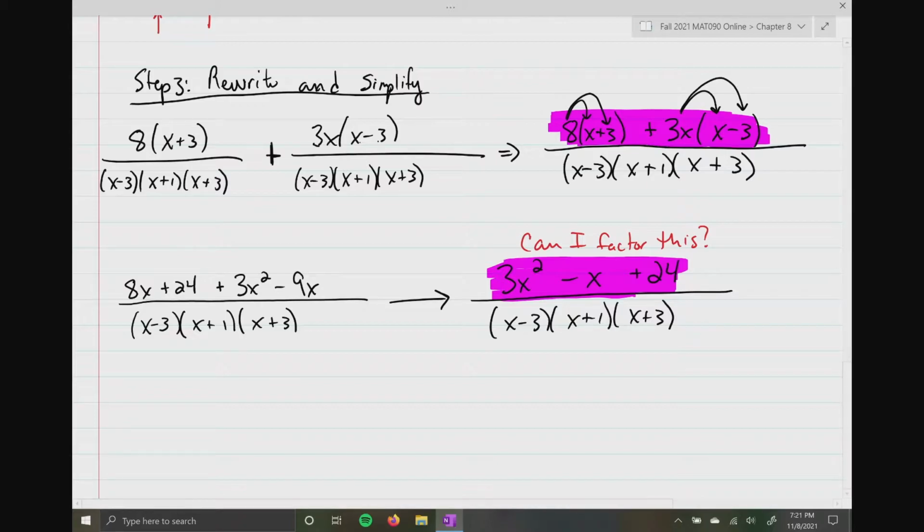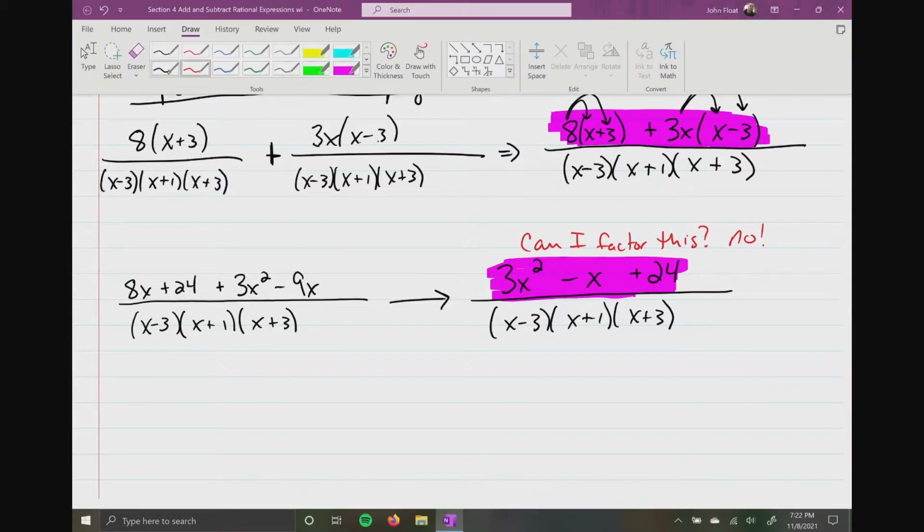And simplifying doesn't just mean combining like terms. It means combining like terms, factoring if you can, and then reducing any fractions or rational expressions that you may have. For simplicity, I'm going to tell you, no, you cannot factor this, because I'm not too concerned with that right now.